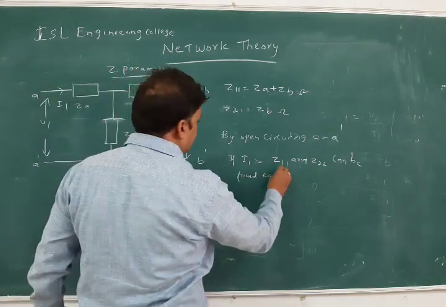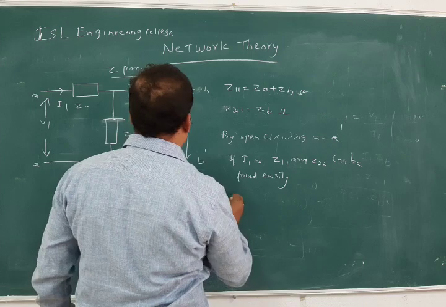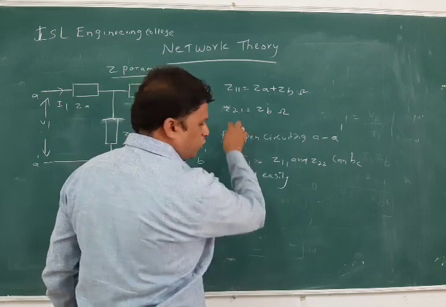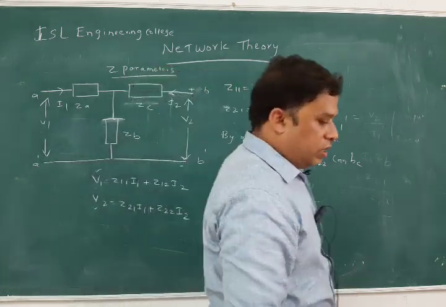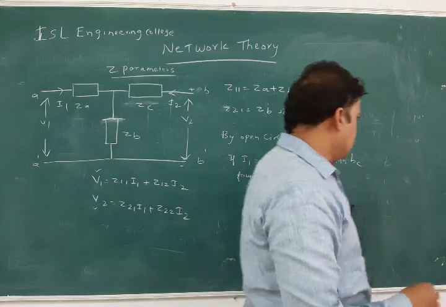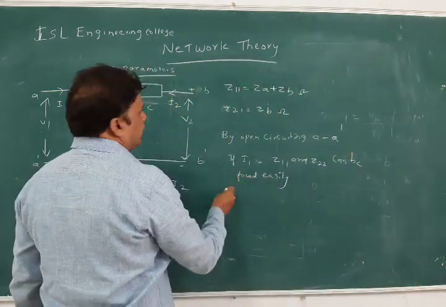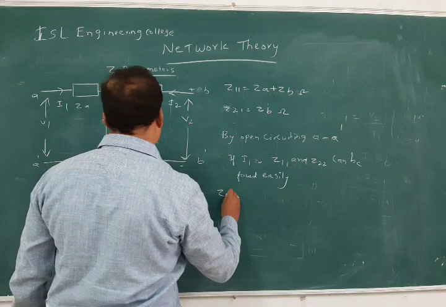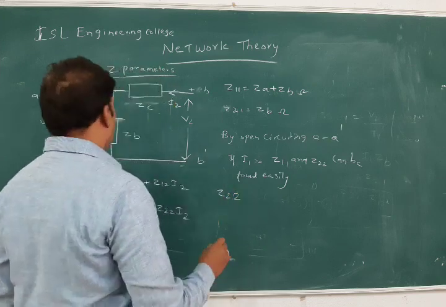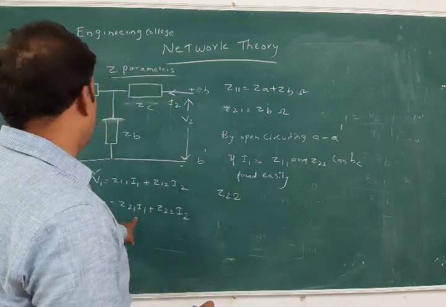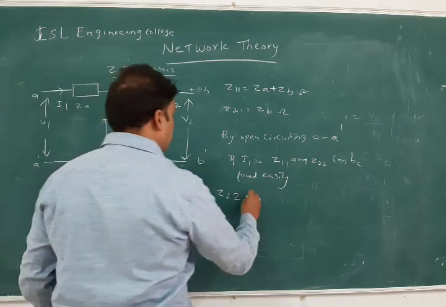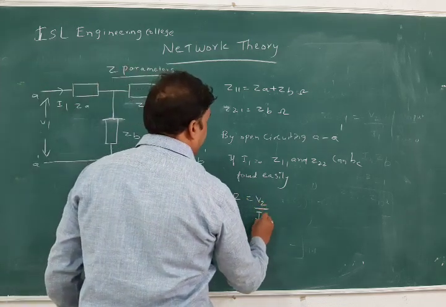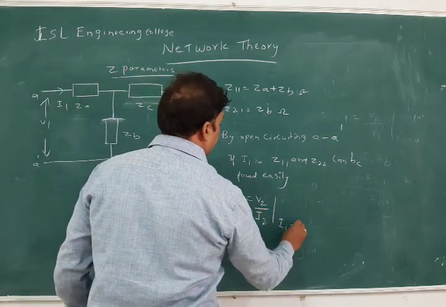Now if you consider this circuit, you have to find out Z22 first. That is, Z22 is equal to V2 by I2, because I1 is 0. Z22 is equal to V2 by I2 at I1 equal to 0.